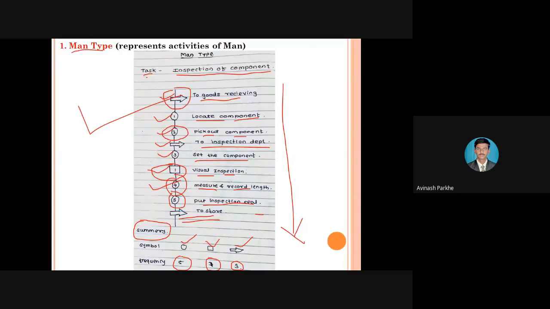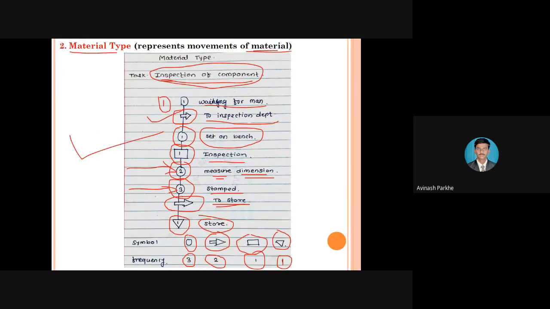In that, the first one is the man type, which represents the activities performed by the man during the inspection of the component. Then during the inspection of the component, the movement of the material is represented by the material type of flow process chart.